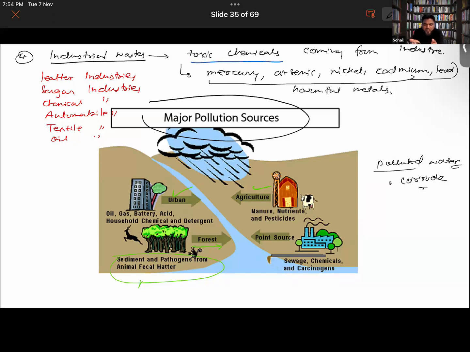And in fact, people are using the Ganga water for a variety of purposes, right? Many people use it to wash their clothes also. So if they purchase a white cloth, now it will turn yellow. So thereby it is impacting, right?